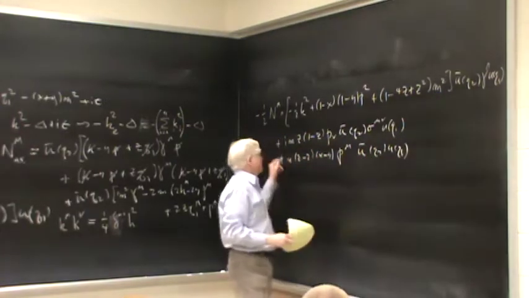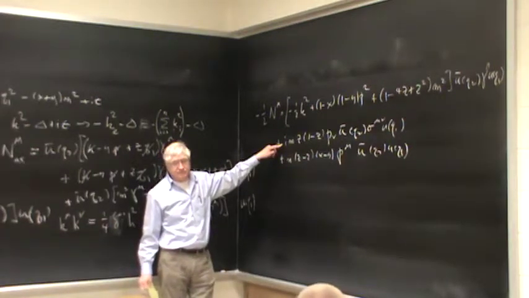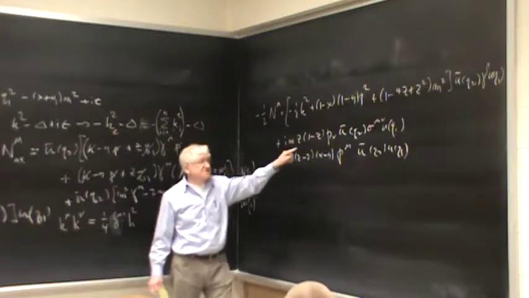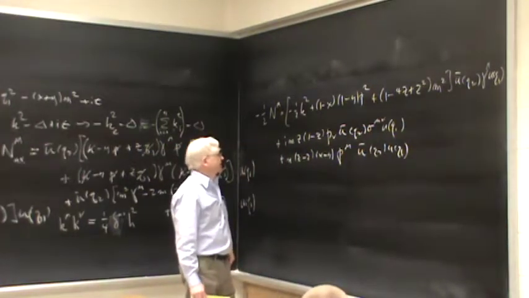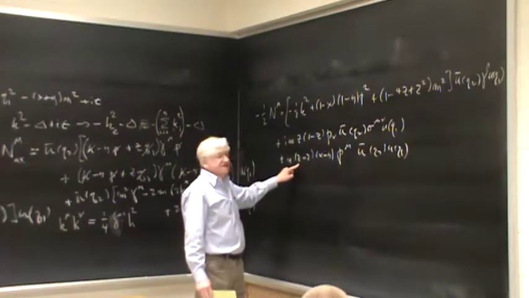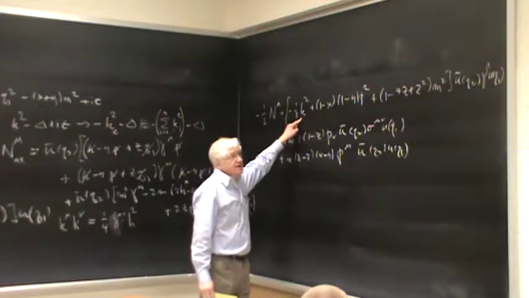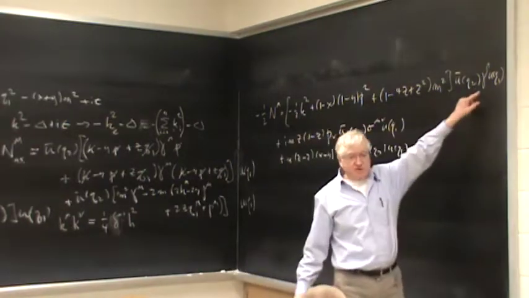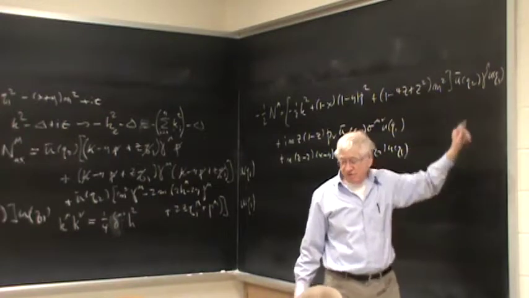Well, obviously it's the middle line that we're interested in, because it's the sigma mu nu topic. Moreover, there are no k's in these two lines. There is a k squared up here, but this is the gamma mu term, and we're not interested in that. We're interested in the sigma mu nu term.